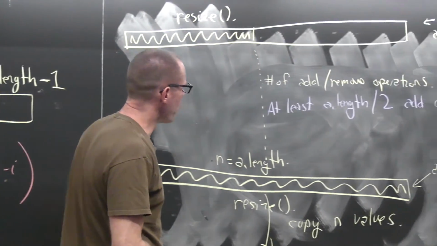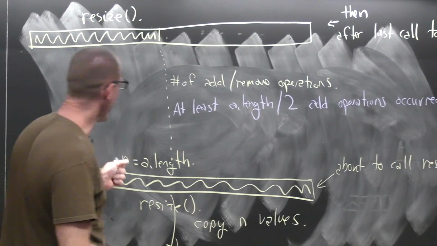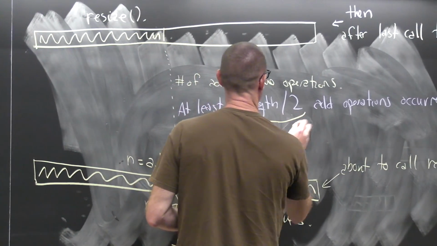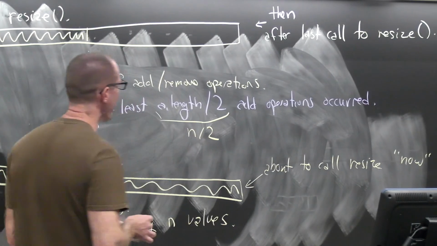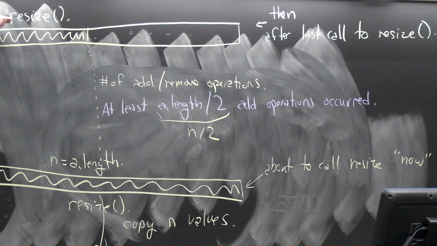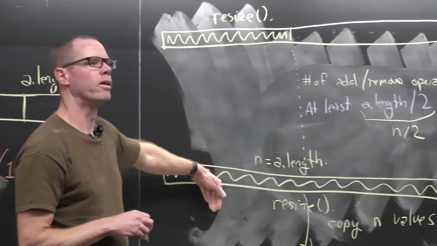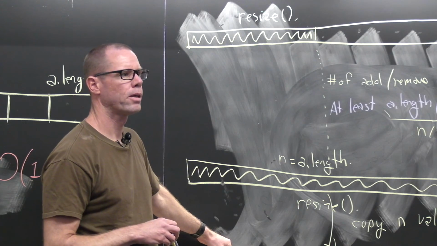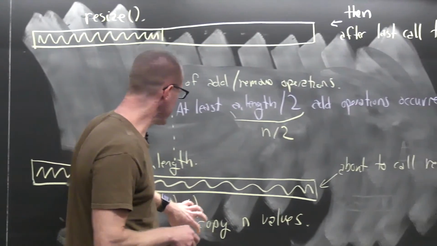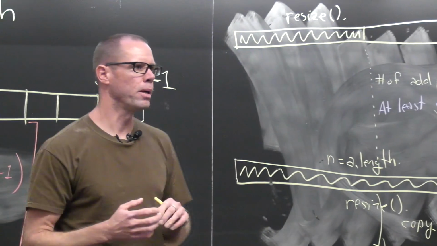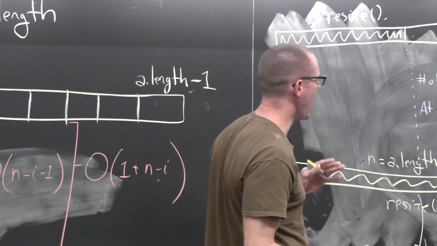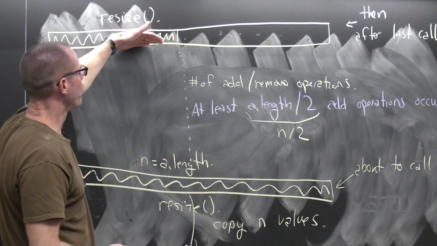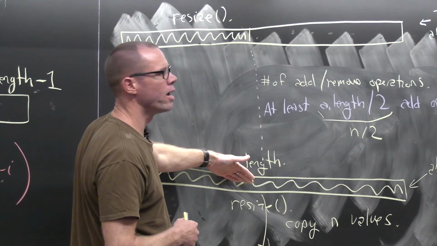Now we're about to copy n values, where n is equal to a dot length. So another way of writing this is to say at least n over 2 add operations occurred between then and now, where n is the number of elements we're about to copy. If I'm going to make a resize operation that copies n values because I'm about to add something, then the number of add operations since the last time I called resize is at least n over 2.